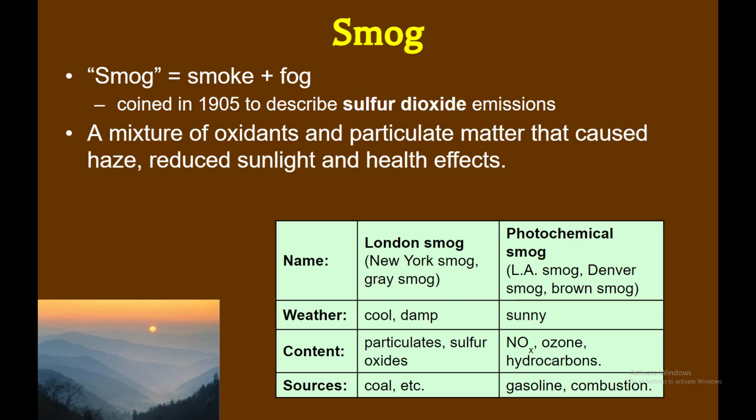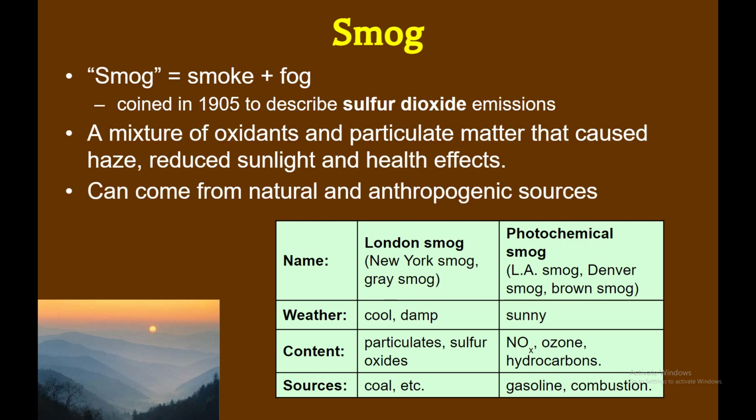So smog is smoke and fog. It's basically just a bunch of nasty pollutants and nasty particles in the air forming together, and it creates a thick blanket of black or brown, and it messes with vision. It reduces sunlight.